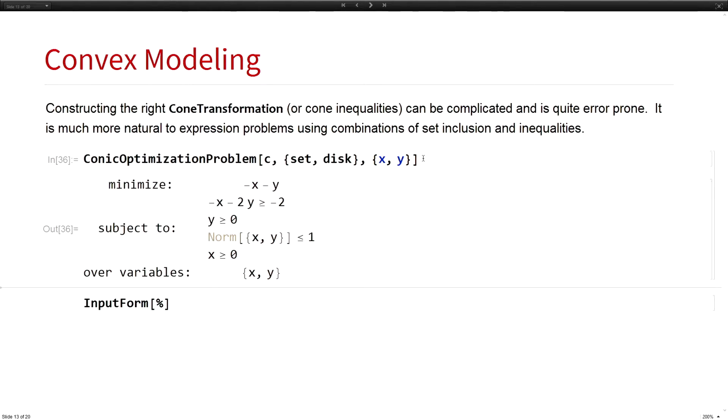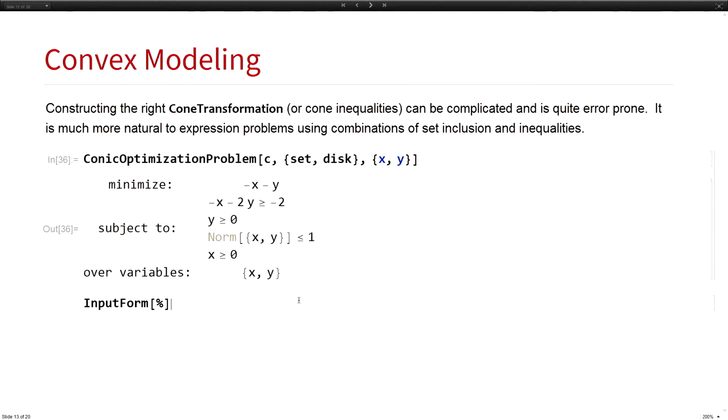Probably what you'll want to do is solve the equivalent problems, which might look like this. You might want to minimize this. So the other part of what we're working on, besides the canonicalization that gets us to the solvers, is something that works from problems like this to get to conic optimization problems that we're going to be able to solve.